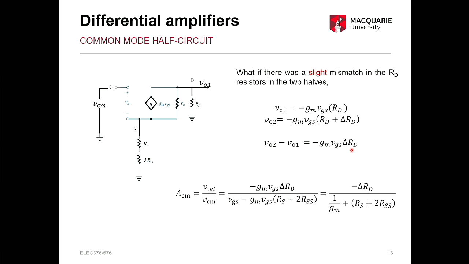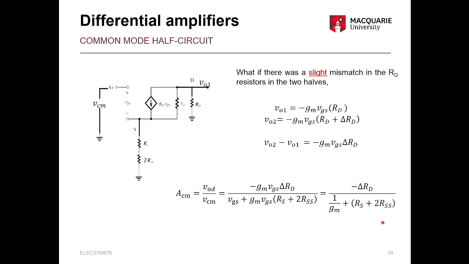If we plug that into our equation from before, we already derived this part last time, but we could ignore it because we had a 0 on top. Now we don't have the 0 on top. We put in our minus GM, VGS, delta RD, and we get this expression. So now you can see what the common mode gain relies on if your resistors are mismatched.